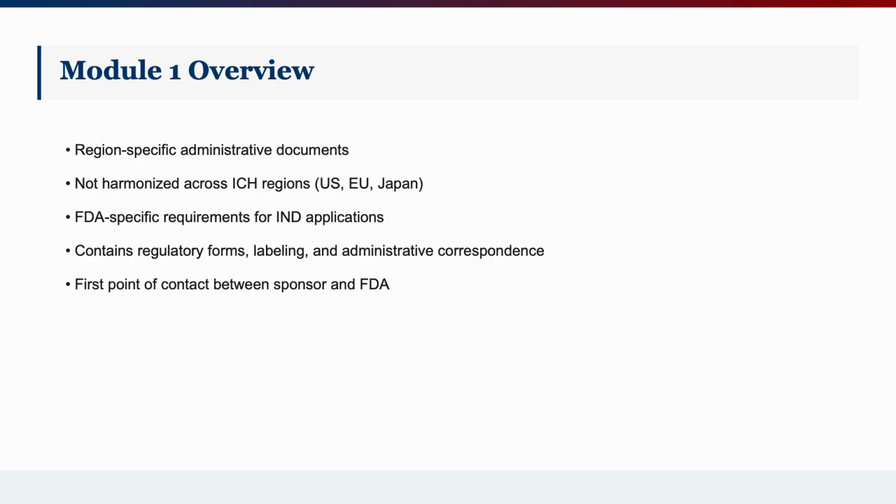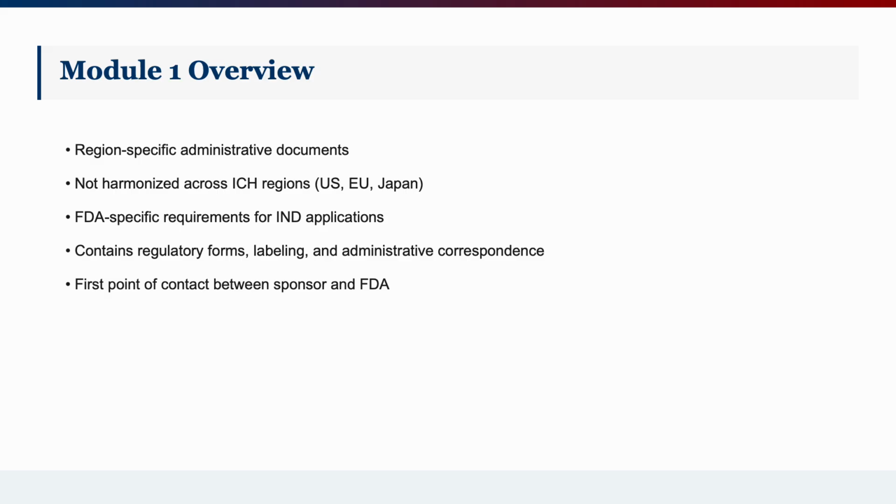As I mentioned, this module is unique in the CTD structure because it's the only one that varies by region. The Common Technical Document was developed by the International Council for Harmonization, or ICH, to create a unified format for drug submissions across major regulatory authorities. However, each region has its own administrative requirements that simply couldn't be harmonized.